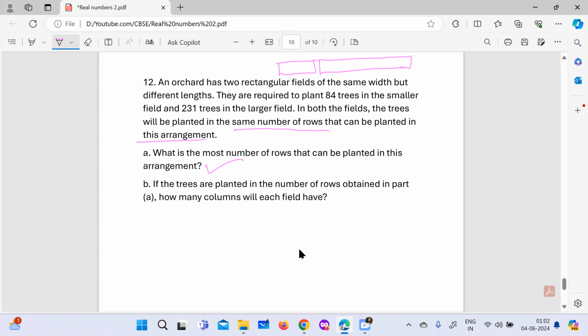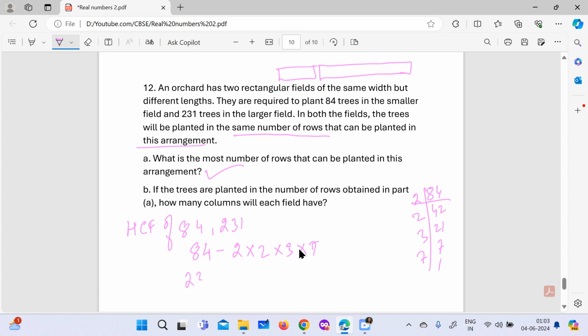We have to find the number of rows, so we are going to find the HCF of 84 and 231. How can we do this? Let me factorize it here. 84 is 2 times 42, 42 is 2 times 21, 21 is 3 times 7. So you get 2 times 2 times 3 times 7.